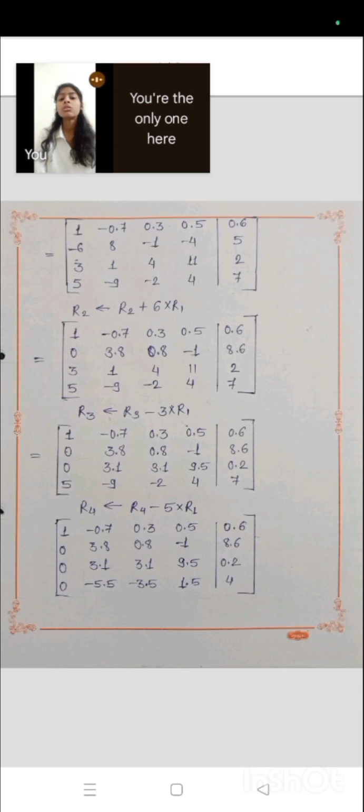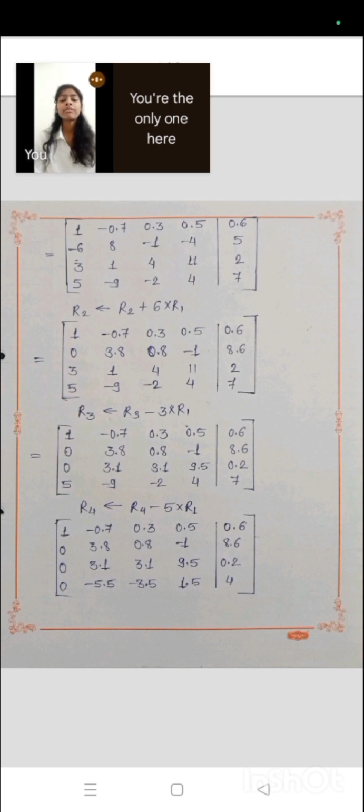The R3 value is 1 and the R1 value is minus 0.7. So we put the operation here, the answer will be 3.1, and again we put the operation in R3. Here the R3 value is 4 and the R1 value is 0.3. So we solve this equation, the answer will be 3.1. So we put 3.1 in column 3 and row 3.